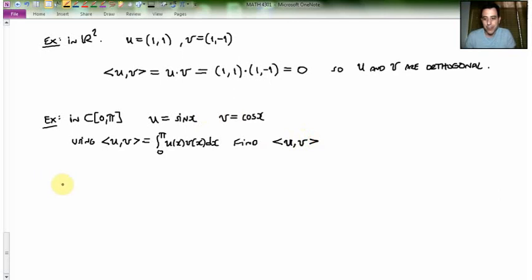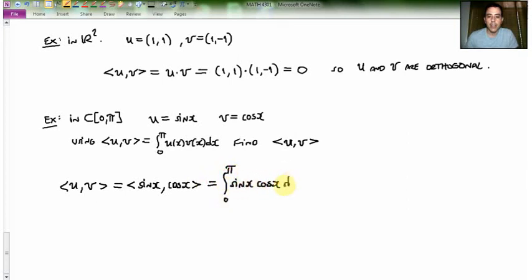Finding the product of these two, u times v, that's sine times cosine. Well, it's the vector sine with the vector cosine. It's not a product of functions, it's an inner product of vectors. This is the integral from 0 to pi of sine x cosine x dx.